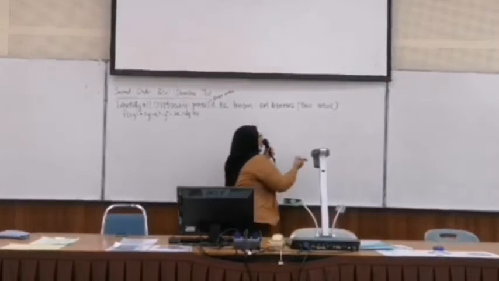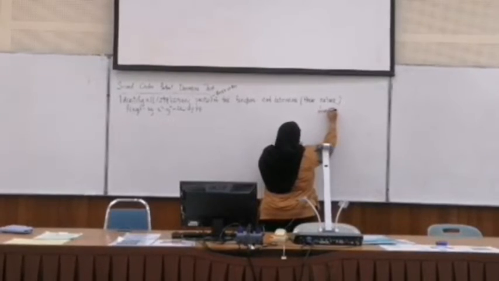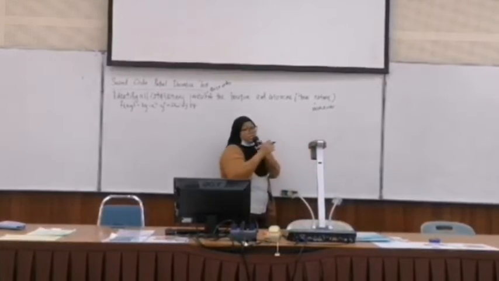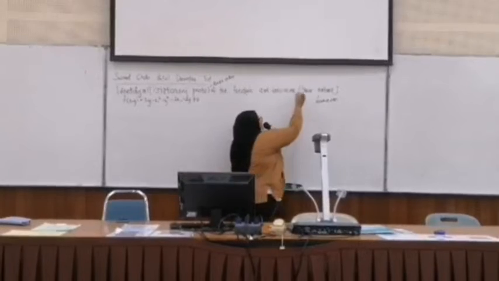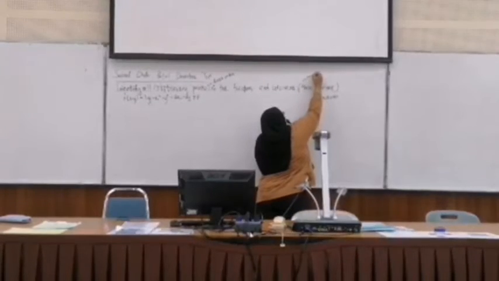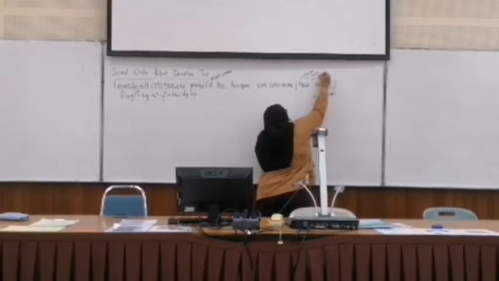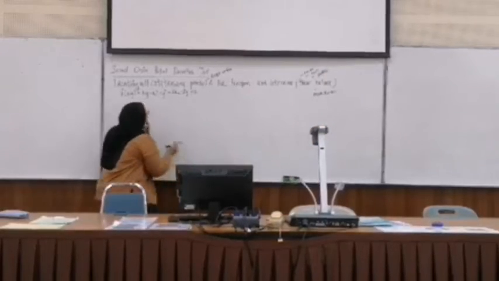And their nature means they ask us to do the second order. So their nature means either they are maximum point, minimum point, or saddle point. So we need to do the second order to find their nature.